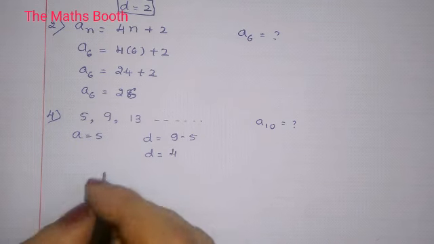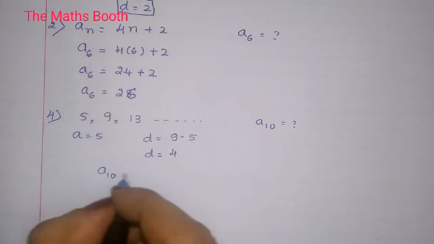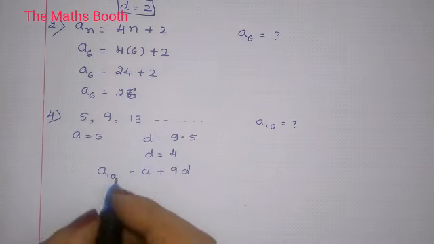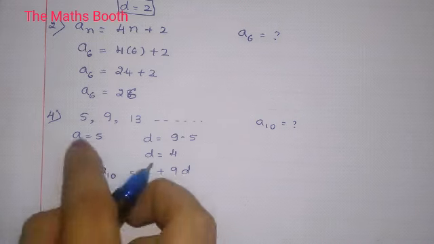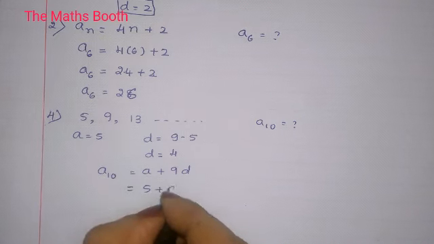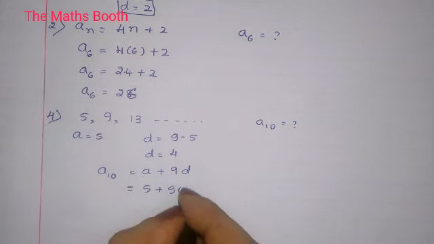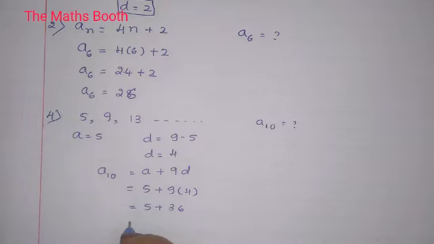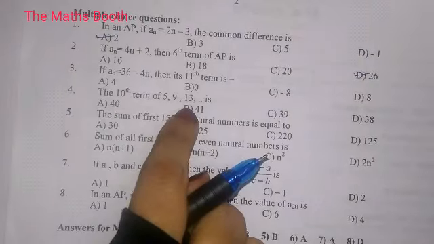So the 10th term, a10, is equal to a plus 9d. You can use the formula here. a is 5, so 5 plus 9 into d, and d is 4. 9 fours are 36, 36 plus 5 is 41. So the 10th term is 41.